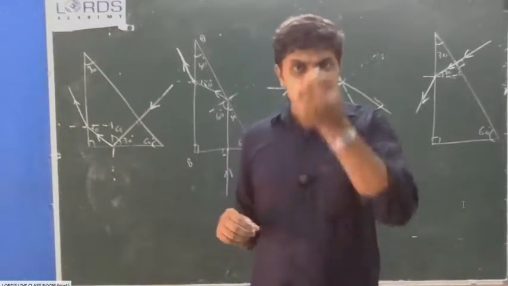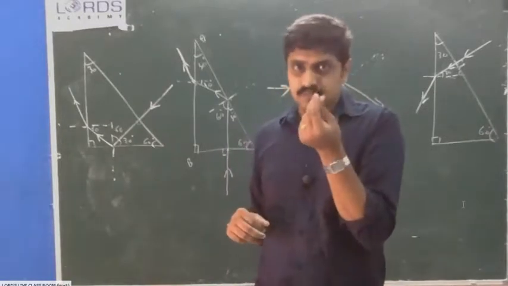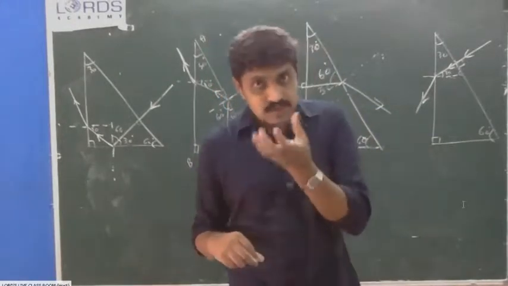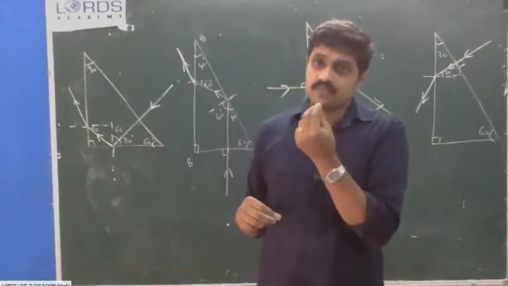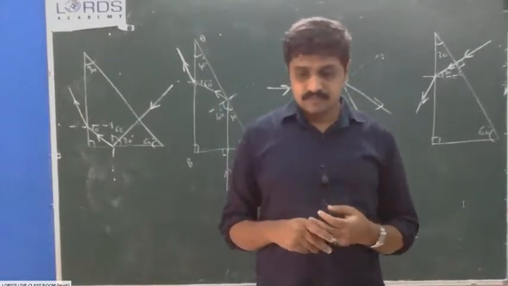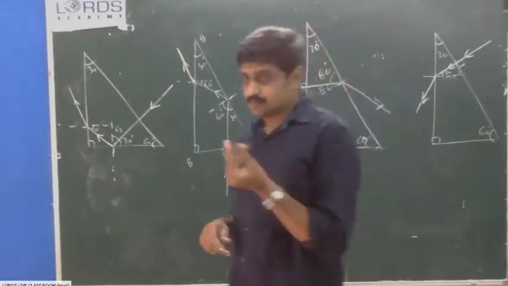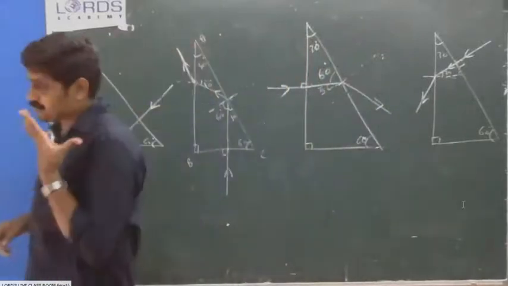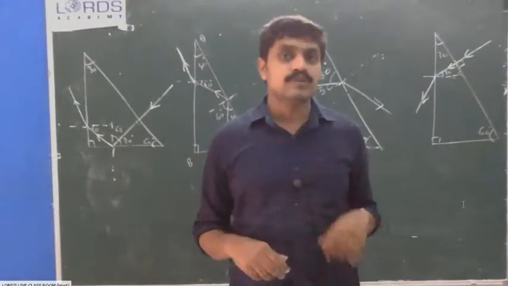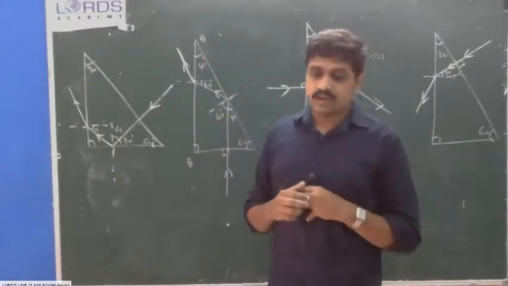Then if there are any scratches in the glass, you can see that they are shining. That is also due to total internal reflection. Then diamond: the glow of a diamond is also due to total internal reflection.